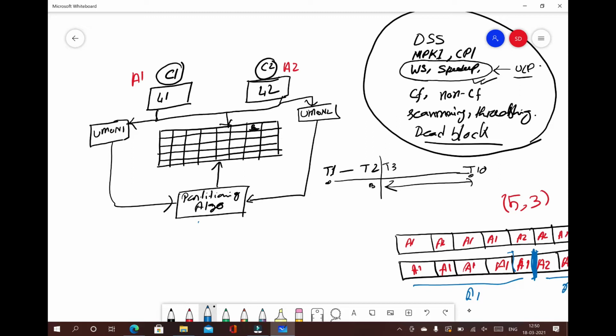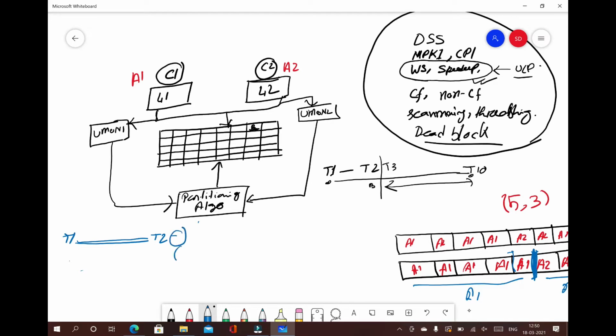So the complete process: suppose this is the time, let me explain it on this. Suppose this is time T1. From T1 to T2, during this time the utility module will collect information, and after this, maybe here the partition will change.